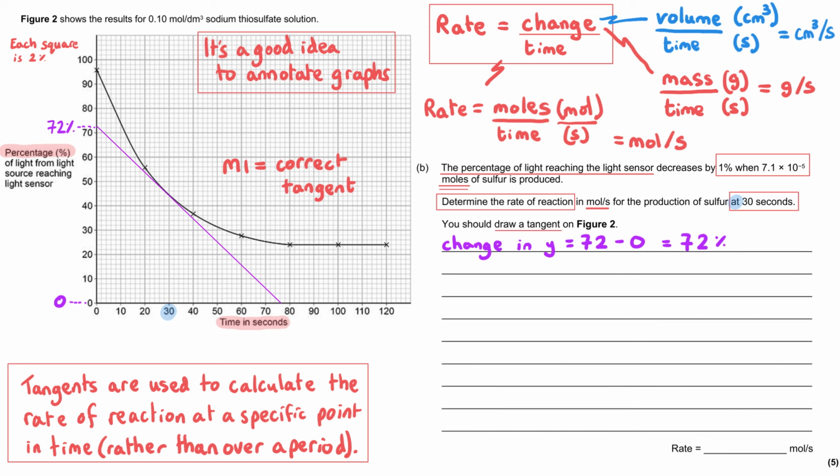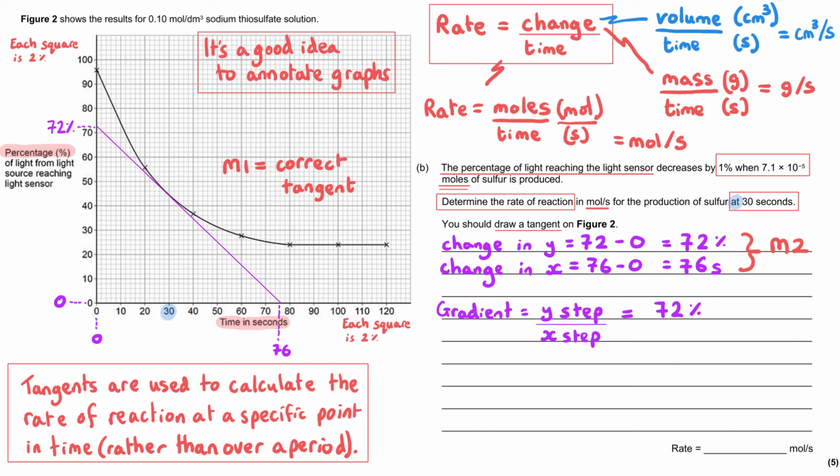And the x-axis starts at 0, and it goes all the way along to 3 little squares past 70, and each little square is again worth 2, so it's gone to 76. So our change in x is 76. So our tangent is 72, the change in y, divided by 76, the change in x.